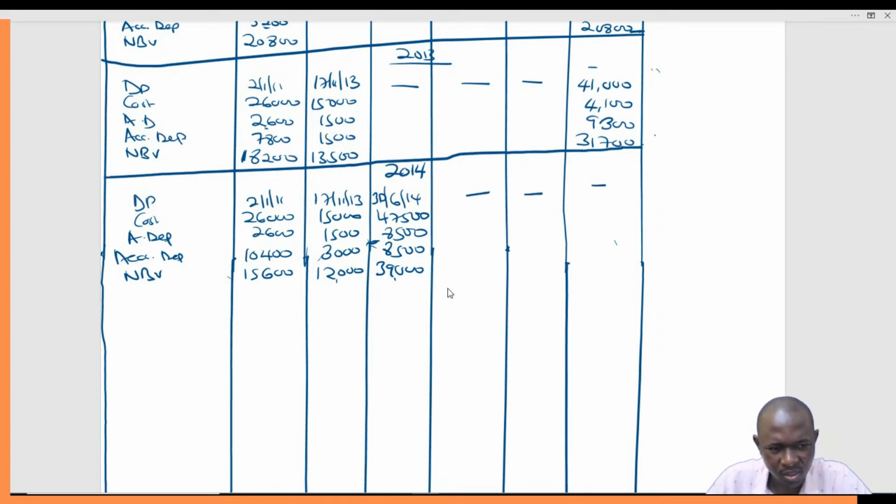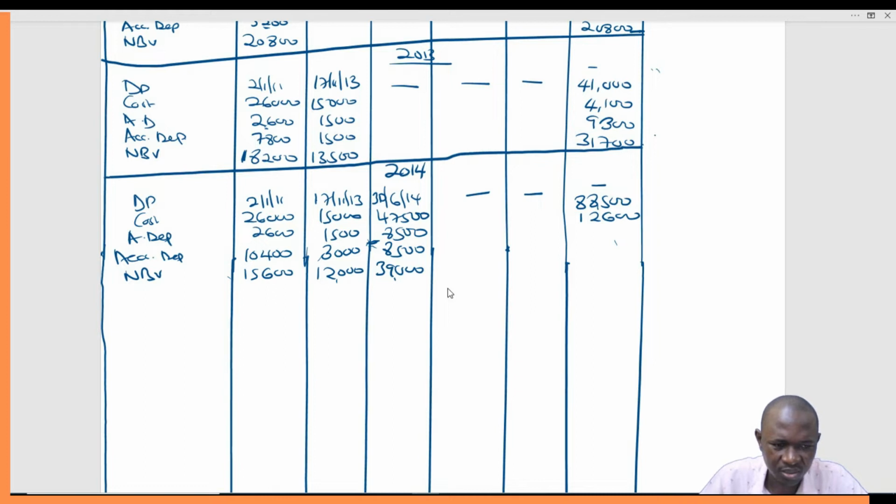So when we come here, we simply add the 41,000 plus 47,500. This gives you 88,500. Then the second part, 4.1 plus 8.5, gives you 12,600.